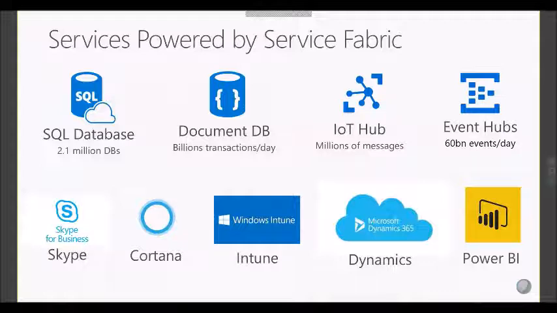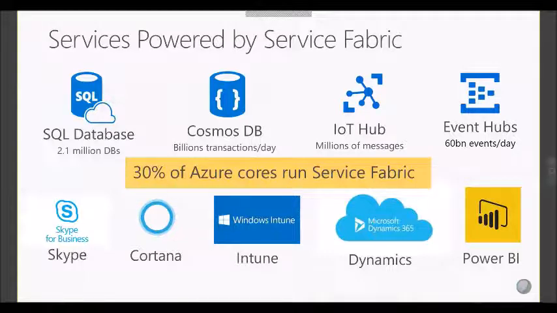DocumentDB has been renamed, I think, at the Build conference, so I have to look it up. Yeah, it has been renamed to Cosmos DB; that's in the slide here. Then we have IoT Hub, Event Hub, Skype, Cortana, and other services running on Azure Service Fabric. So it really has quite a history, it's quite stable, and Microsoft bets on it too, so it's good to use. About 30% of the services run there, and it's really designed for critical workloads.